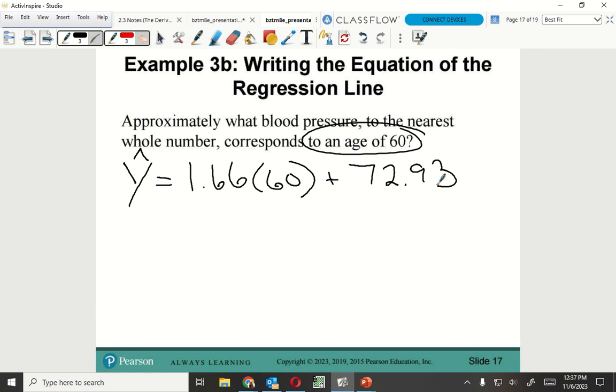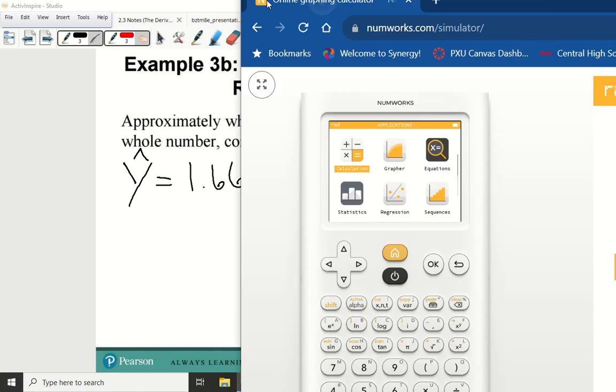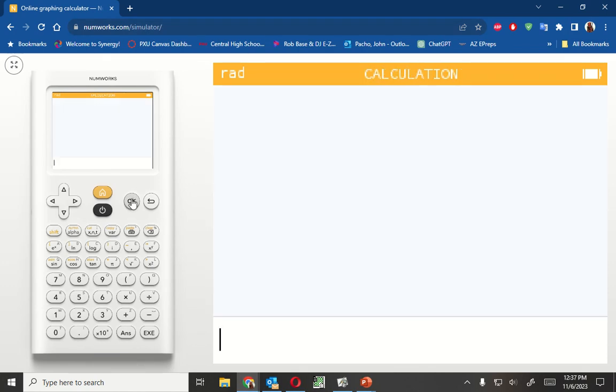So I'm going to put this in the NumWorks, and I'm just going to put it into calculation. Under calculation, I'm going to go 1.66 open, 60 close, plus 72.93.